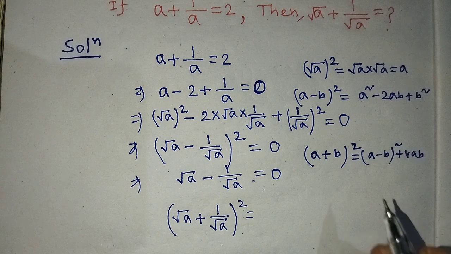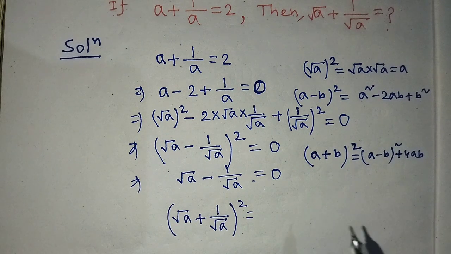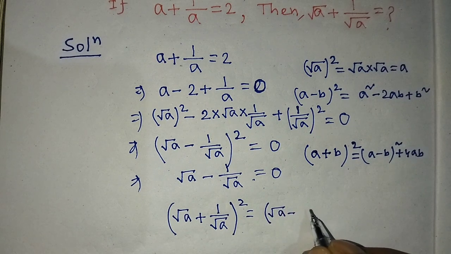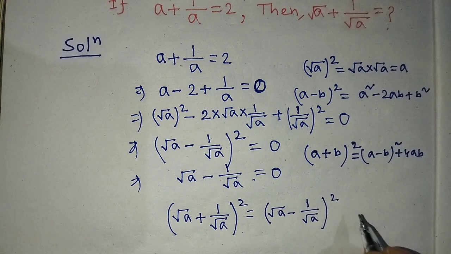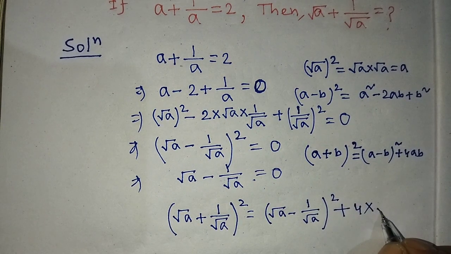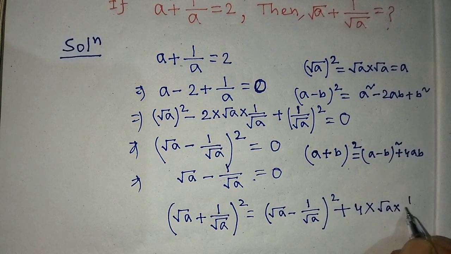Okay, so my dear student, we have to apply this formula. So after applying this formula we can write here root a plus 1 over root a whole square is equal to root a minus 1 over root a whole square plus 4 into root a into 1 over root a.